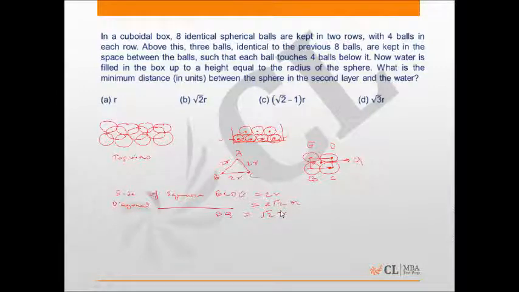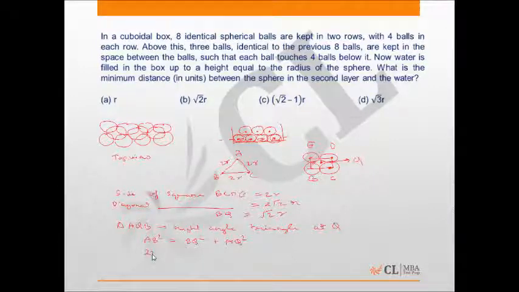So now we have to find out the length of AQ. We see that A, Q and B form a right angle triangle, triangle AQB, with right angle at Q. So I can say that AB square is equal to BQ square plus AQ square.